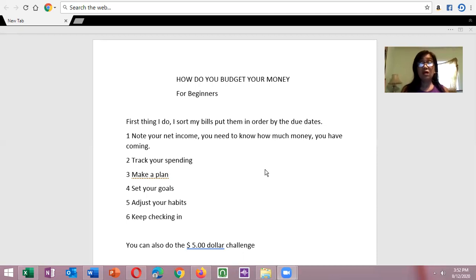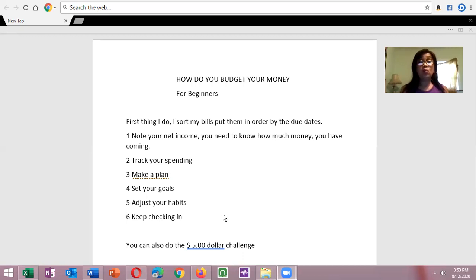And you have to track your spending, make plans, set your goals, adjust your habits if necessary, and keep checking how much money you have left, your balance, stuff like that. And you're just gonna have to stick to your budget. Okay, you must stick to it.